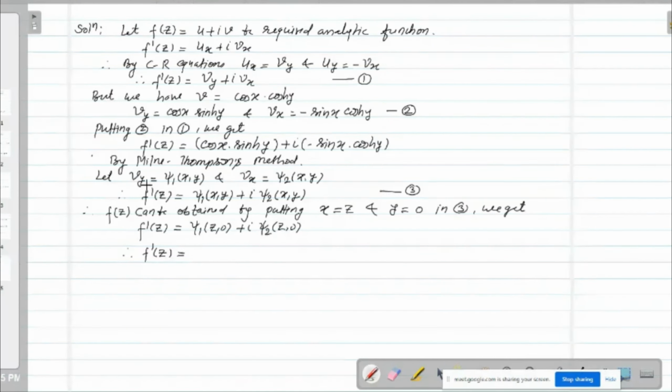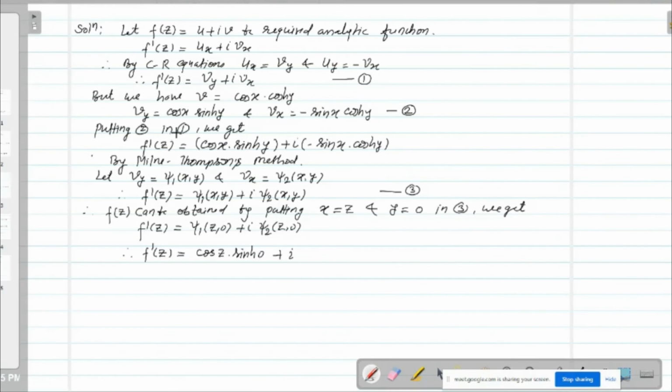Psi 1 is vy. But your vy is what? Your vy is this function. So instead of x we put z, so this is cos z. Instead of y we put 0, so sine hyperbolic 0, plus i times psi 2.